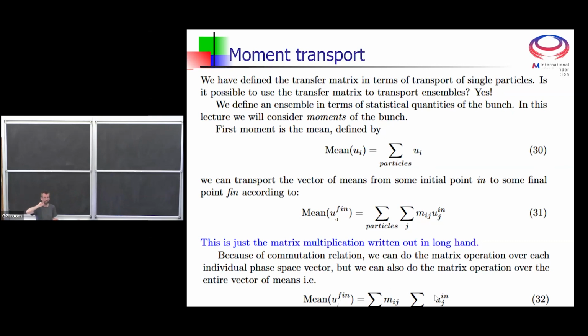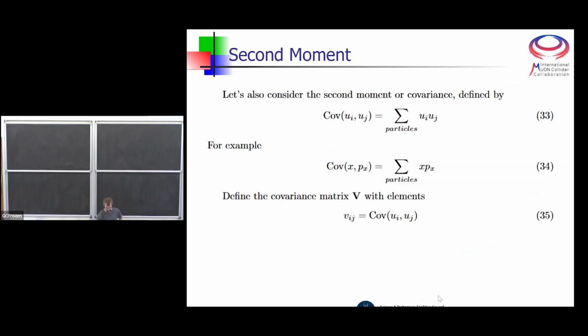So the center of a bunch, the mean of a bunch, transports just like it was a single particle. If you imagine that you have some y distribution, if you imagine you squeeze your distribution down and down to the point where every single particle has the same position or momentum, then of course all of those particles will transport in the same way. So it sort of makes sense in that context.